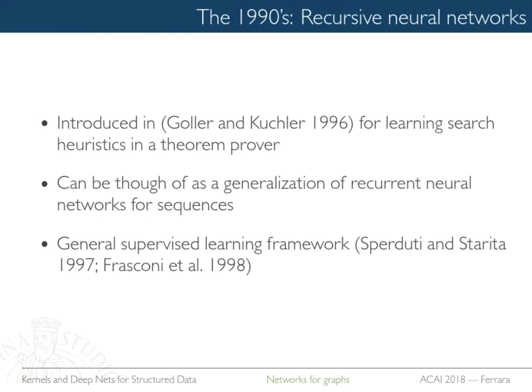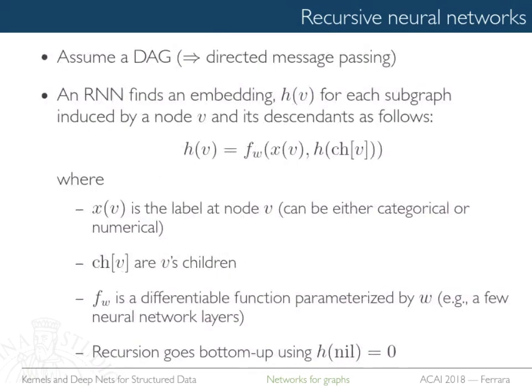They didn't have in mind other problems like the ones I was talking about that came a bit later. The idea is the following. You can only apply this idea to directed acyclic graphs. That's a big, big, big limitation, right? And you do the embedding in a recursive way. How? Well, h will be the notation for the embedding of vertex v, okay?